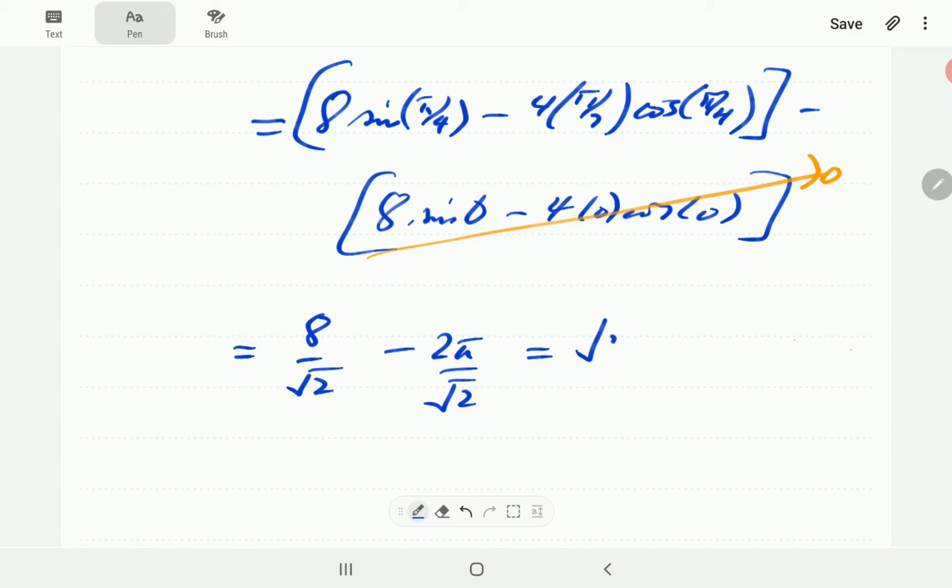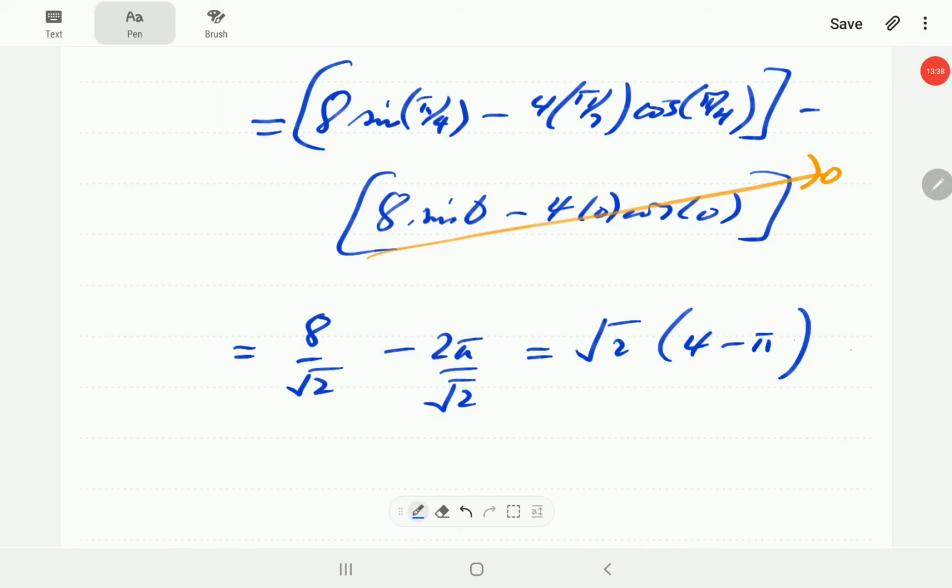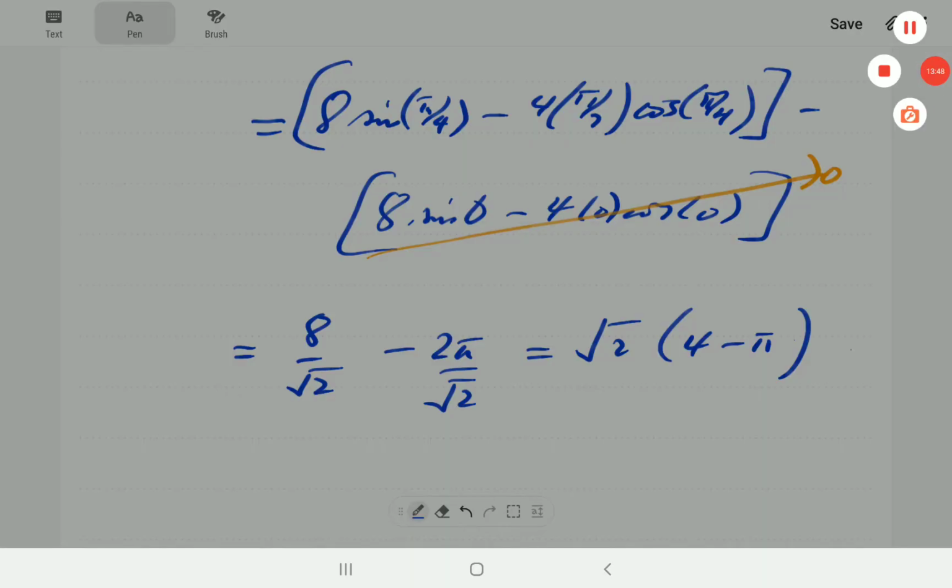Then this simplifies to root 2 into 4 minus pi. All right, so that is going to be our example number E.